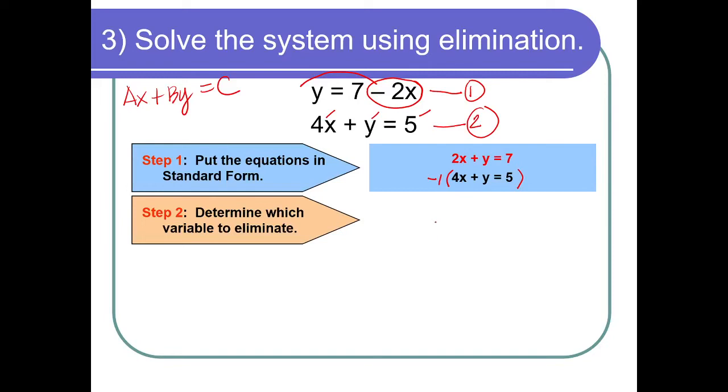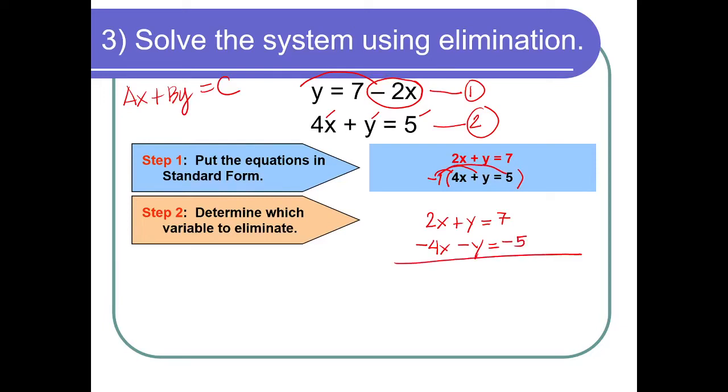So what happens now? We have 2x plus y is equal to 7. And the second equation becomes what? Negative 4x minus y equals negative 5.